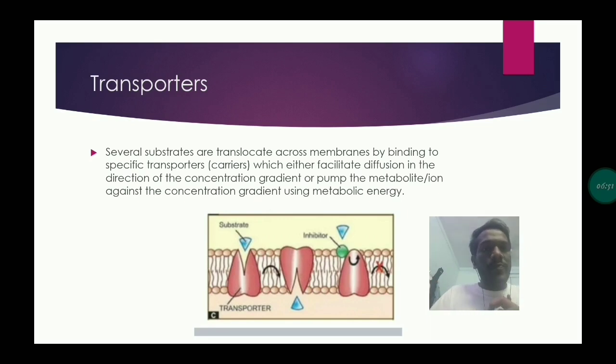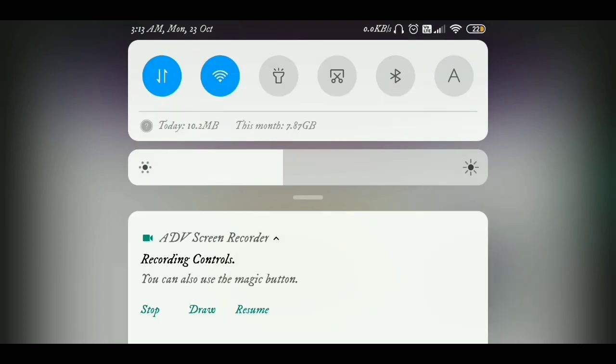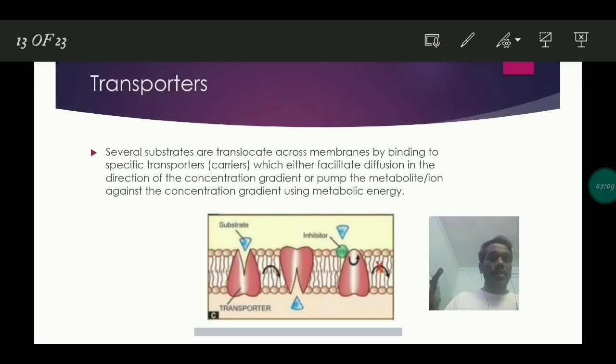In this picture we have transporters situated in the membrane. In the first image we have the substrate binding to the transporter, and in another the substrate leaving, and there is also an inhibitor. So that is how a transporter works.